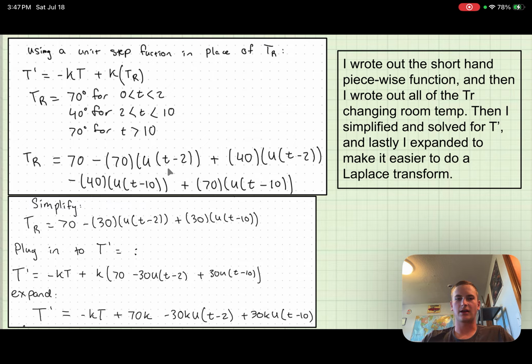But essentially, when time is before 2 minutes, this will equal 0, so it'll all go away. And then when time is any time after 2 minutes, this will be 1, so that'll kick in essentially. They're either on or off, the functions themselves. So they'll all affect the equation differently depending on what time range it's in.